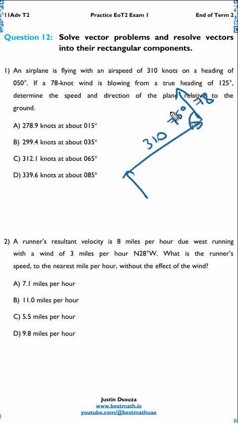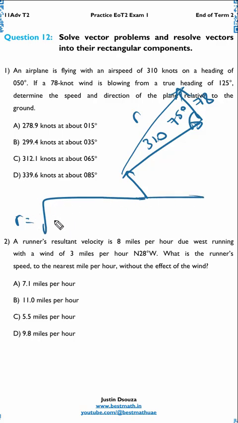So I know so much, I can easily find the resultant magnitude, so I can find the resultant vector. Now here we know the included angle and the two vectors. The opposite vector, the resultant vector, can be found by the law of cosines. R squared equals, but I'm just going to take the square root on the other side to remove the squared, so it will be 310 squared plus 78 squared minus 2 times 310 times 78 times cosine of the included angle, that is cosine 75 degrees.